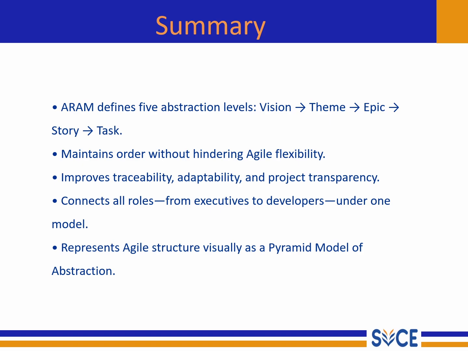It improves traceability, adaptability and project transparency. It also connects all roles from the executive to developers under one model. It represents the agile structure visually as a pyramid model of abstractions.